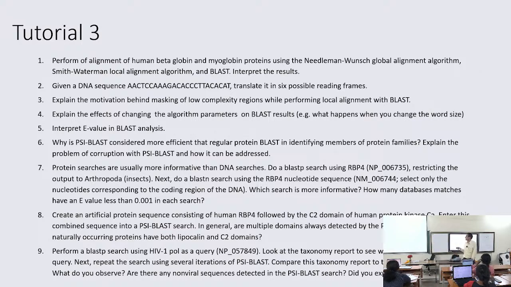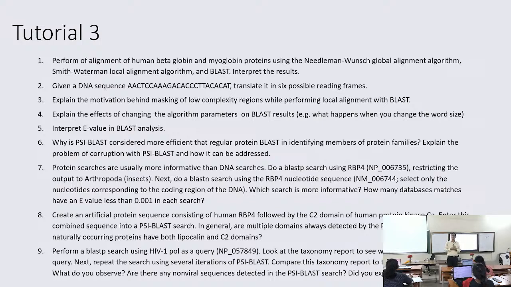Why is PSI-BLAST able to identify distant relatives? Position-specific matrix. Okay, very good. You are getting the point.